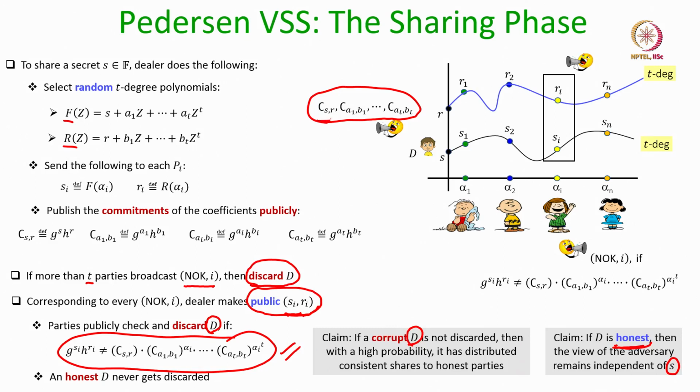And as argued earlier, these commitments do not reveal anything additional about the Shamir sharing polynomial and the randomness polynomial. Okay. So, that is the sharing phase for Pedersen's VSS scheme.